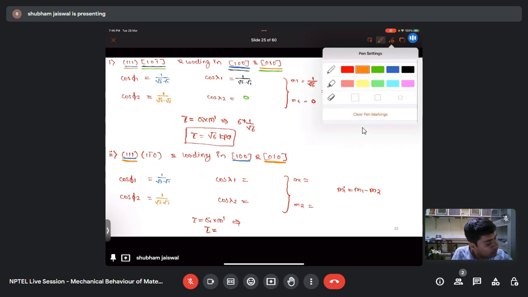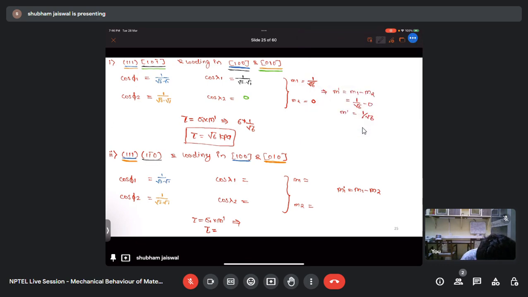Now you need to find out the angle between this one and this one. So that is the cos lambda 1. So cos lambda 1 comes out to be 1 upon root 2 into root 1. Okay. Now the angle between this one and this one comes out to be minus 1 upon root 2 into root 1.